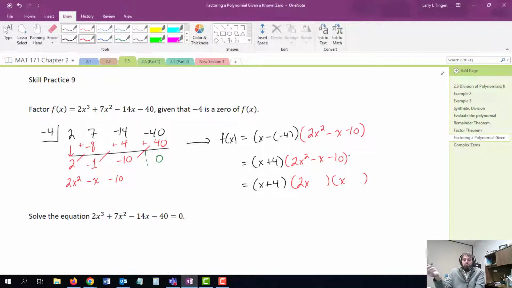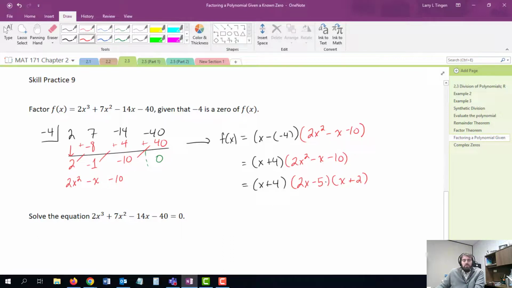Well, that's either going to be negative 10 and 2, or negative 10 and 1, or negative 5 and 2. In this one, when I multiply to get that negative 5 and positive 2, I need to make sure that I add to a difference of negative 1. So that means what? I want to multiply to negative 10.